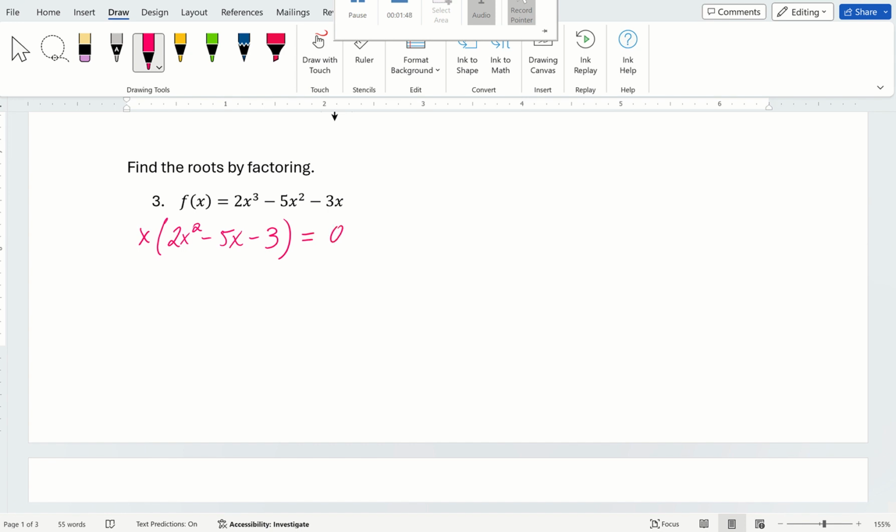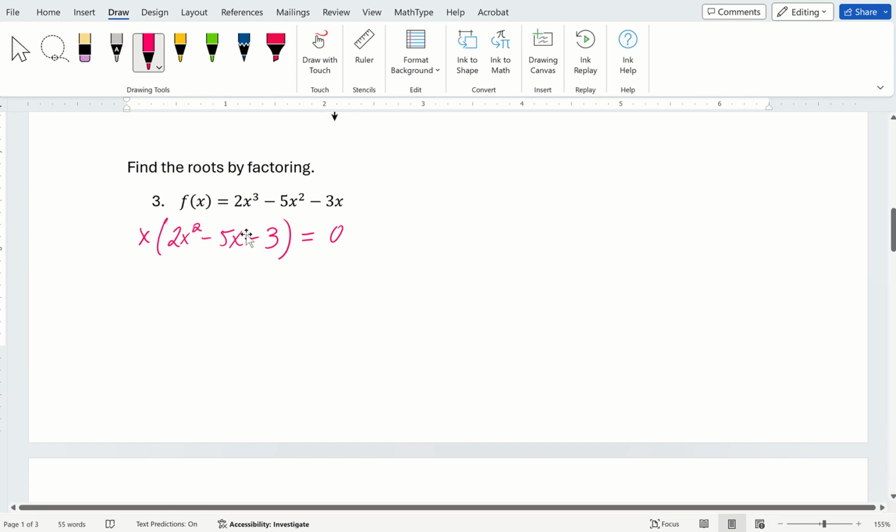Now the question becomes, in the parentheses now, I have a quadratic, and I can factor this further. Now the number in front of x squared here is not 1, and these are not perfect squares on the ends, and there is no common factor other than 1 here.